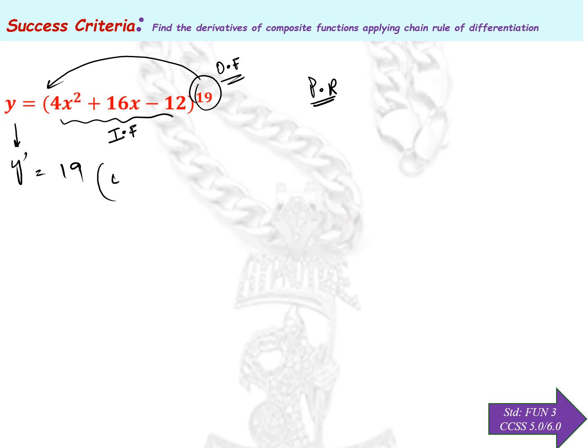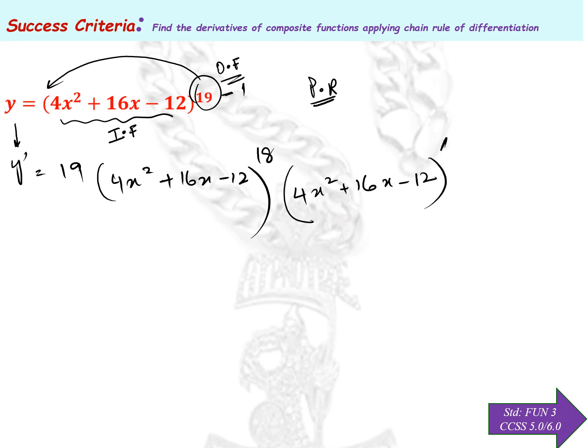Write the inner function as it is, no change. From the power subtract 1, which will give you 18. Now write only the inner function which is written inside the bracket without the power. Put a prime on it. Now the functions which don't carry the prime will be copied as they are.